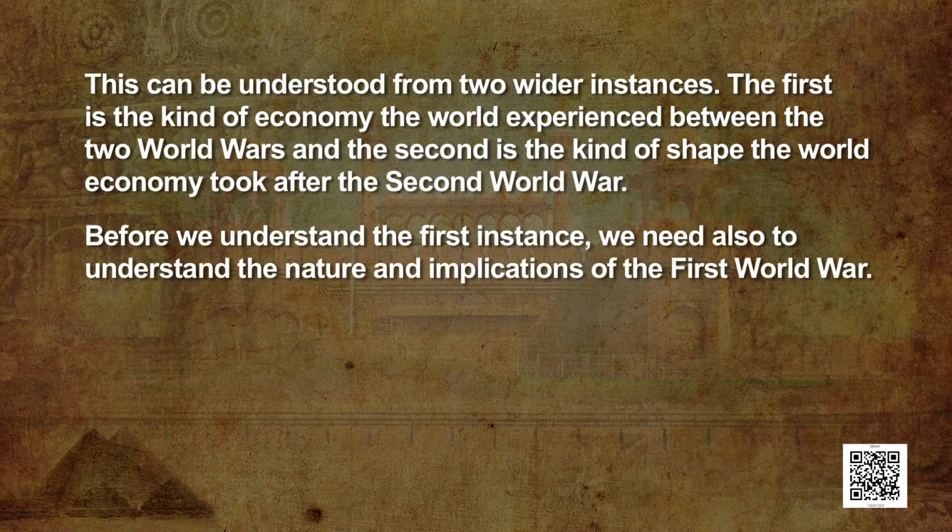Now, before we understand the first instance, we need to also understand the nature and implications of the First World War. This was a war which involved the world's leading industrial nations of the time, with Britain, France and Russia on the one side.